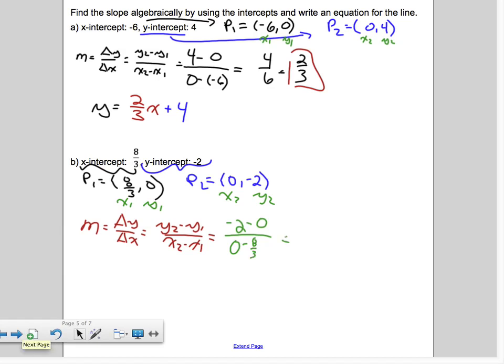So -2 minus 0 gives me -2, and 0 minus 8/3 gives me -8 over 3. Ooh, now we're dealing with fractions. I was wondering how we got negative. Because 0 minus 8/3 gives us negative 8/3.